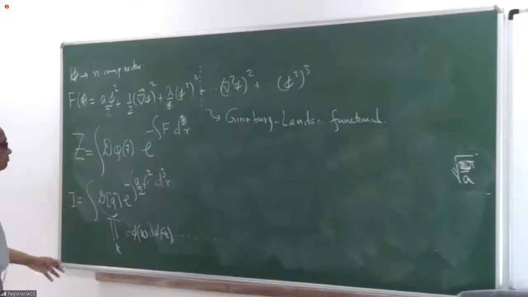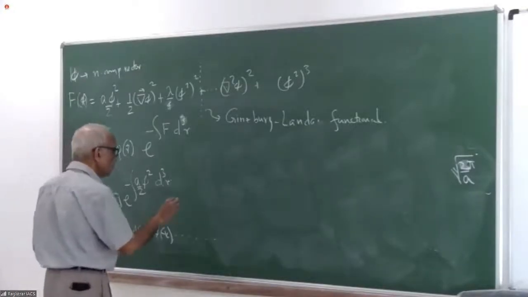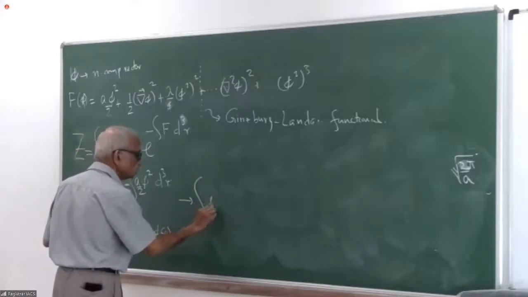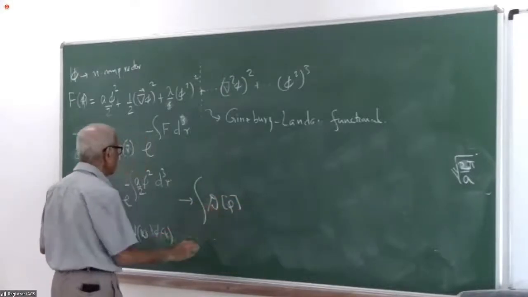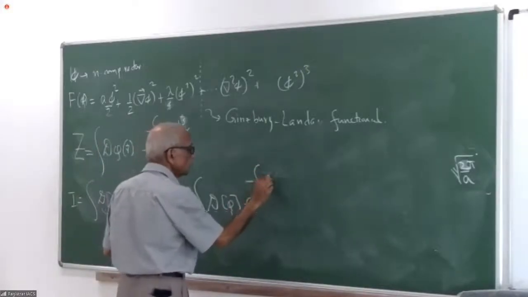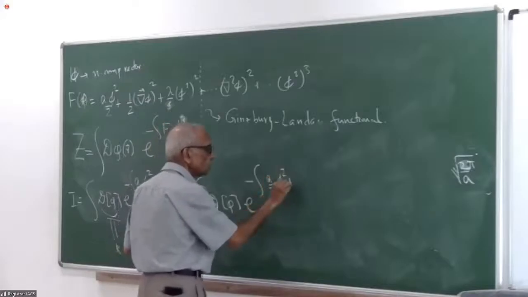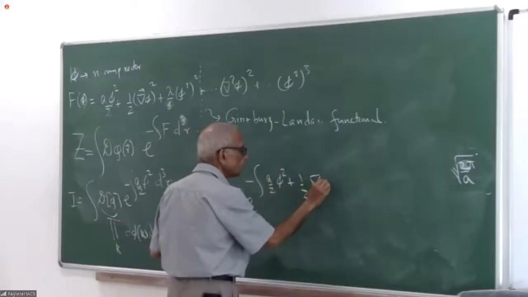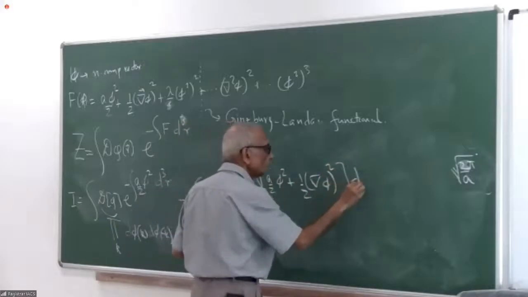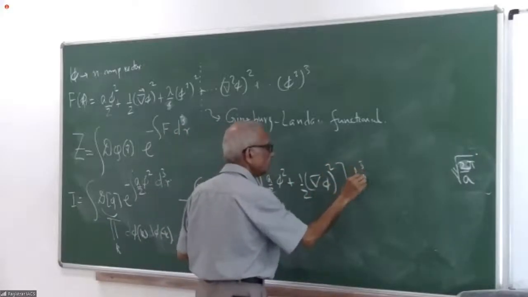If I have instead, so now if it is quadratic, which is d phi, and then it is e to the power minus a over 2 phi squared plus half grad phi squared, that integrated over d3r.